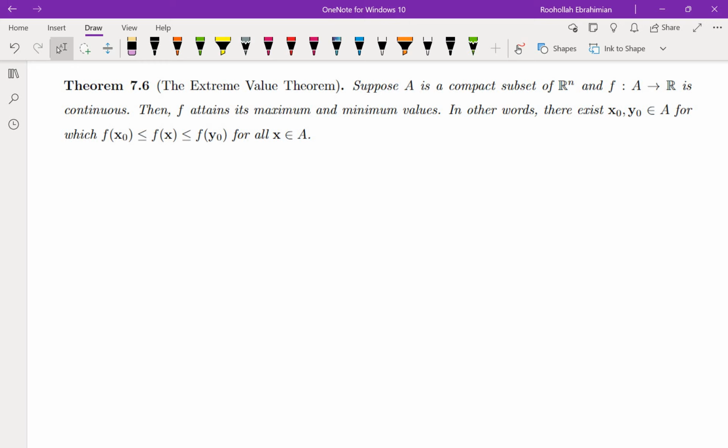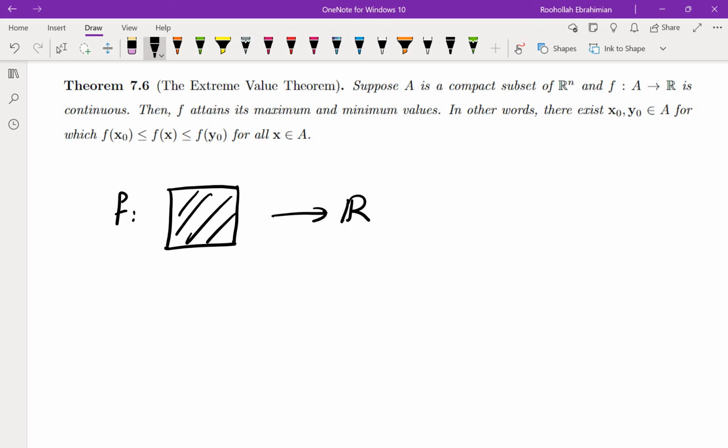In other words, there exist x0 and y0 in A for which f(x0) is less than or equal to f(x), which is less than or equal to f(y0). So if you take a function over a compact set, for example a function from a closed square, which is a bounded and closed set, the domain is this, and the codomain is R, there would be a maximum and there would be a minimum.